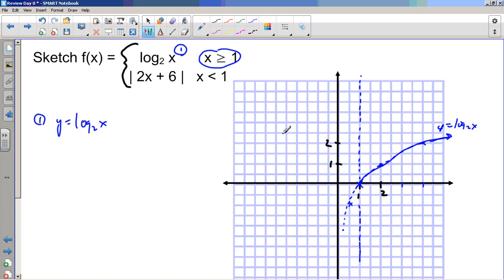What about this part? Now, I'm going to erase that, or I'm going to leave it off, because on this side, I'm going to draw this absolute value function, this one here. I'm going to call this 2. Because over here on this side, I need this graph right here.